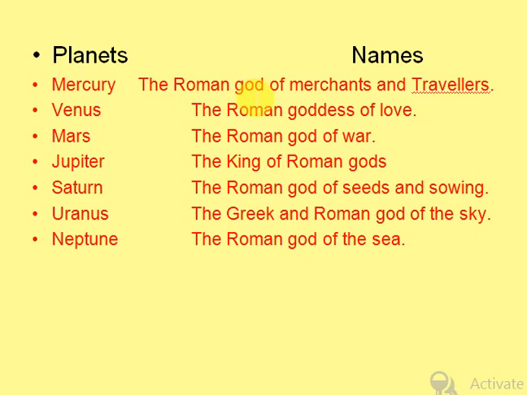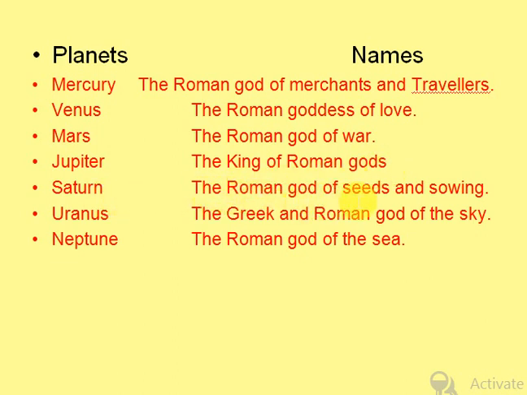Mercury, the Roman god of merchants and travelers, is another name of this planet. Venus, the Roman goddess of love. Mars, the Roman god of war. Jupiter, the king of Roman gods.